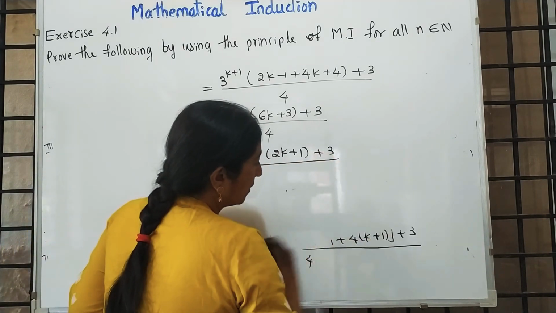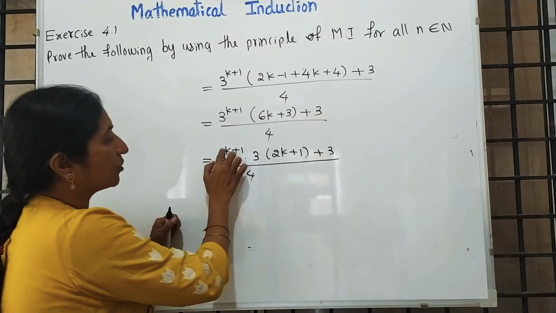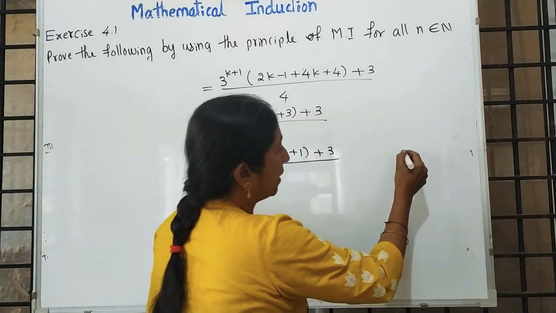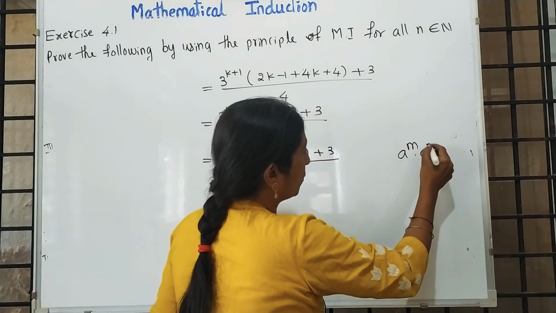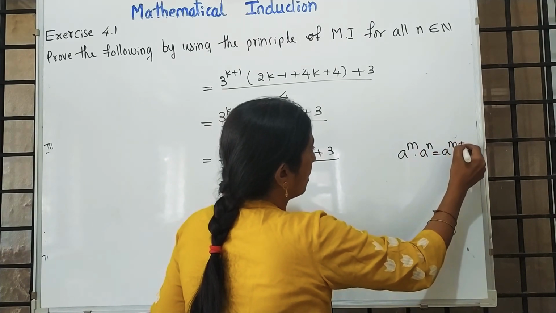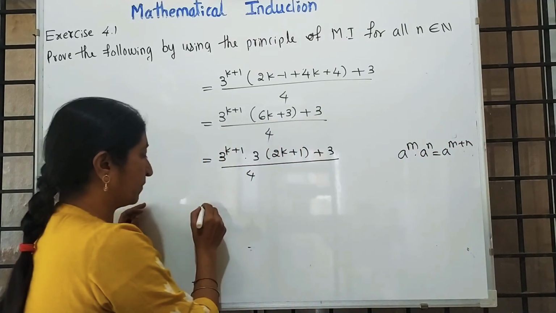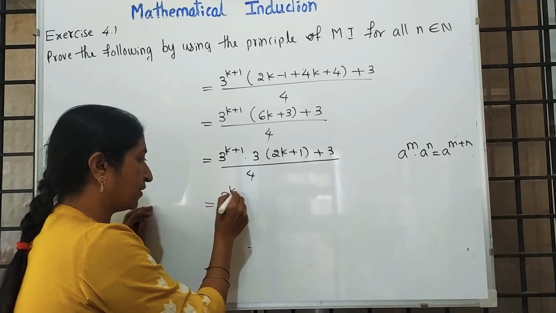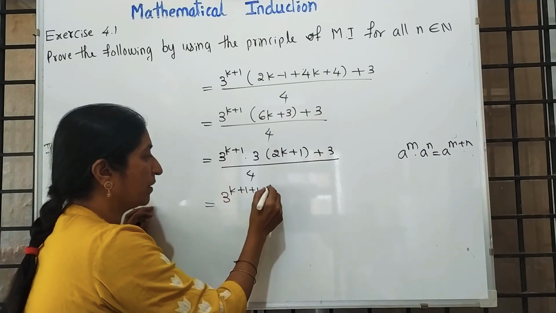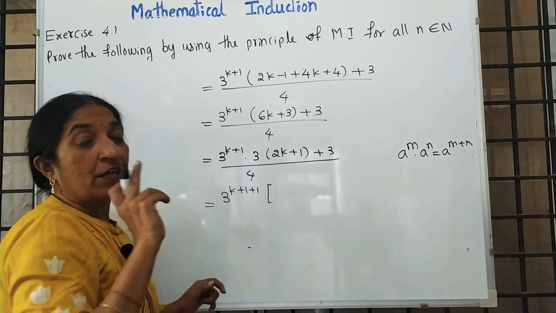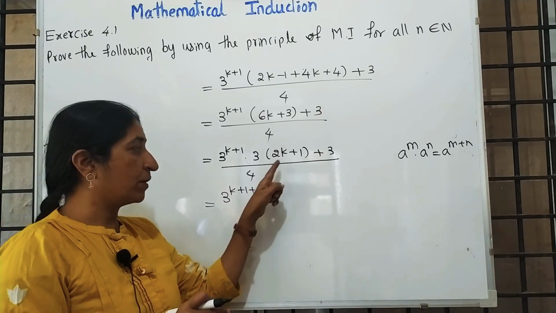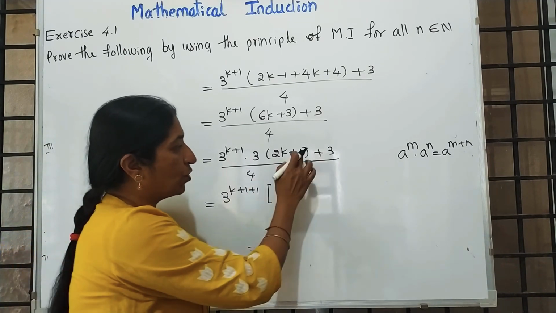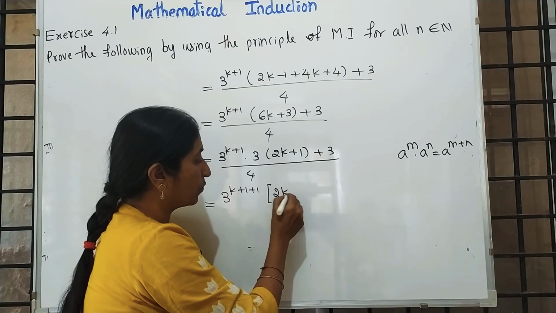And see, these two terms 3 raised to k plus 1 into 3, they are in the form of a raised to m into a raised to n, that is a raised to m plus n. 3 raised to k plus 1 plus 1, and you know that everything should be in the form of k plus 1. Here k coefficient is 2, so adjust this number as a 2.